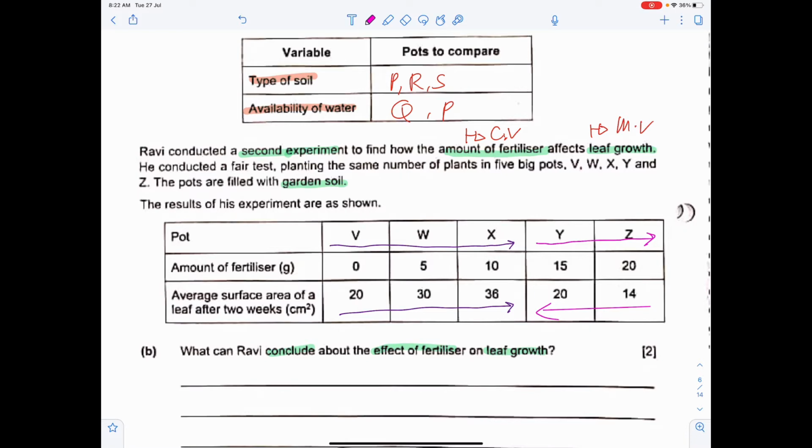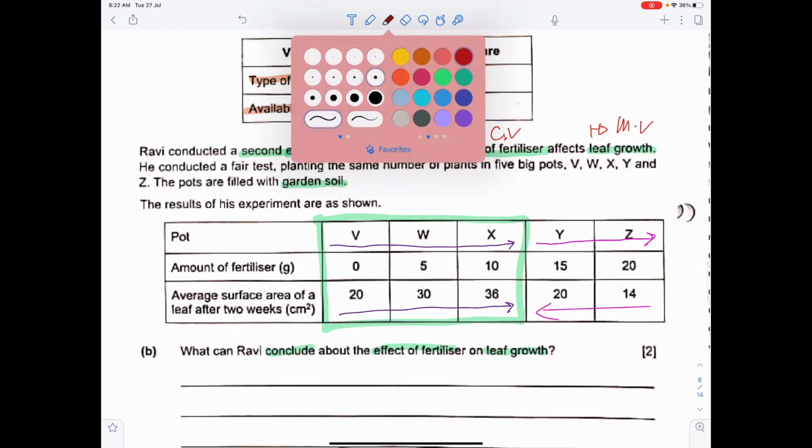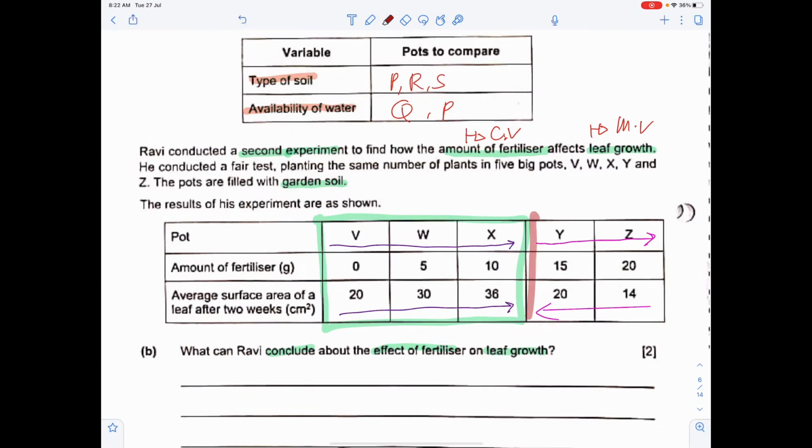So by annotating like that, it's very clear. So I have one trend here, and I have another trend here. 2 trends. Trend 1, trend 2. So you have to talk about these 2 trends. These are the 2 conclusions.